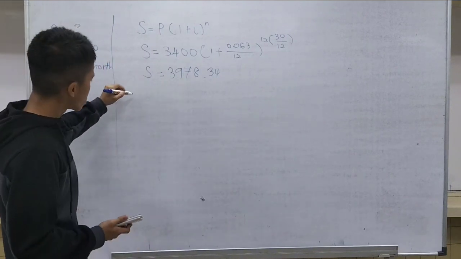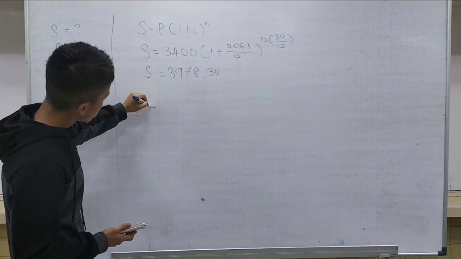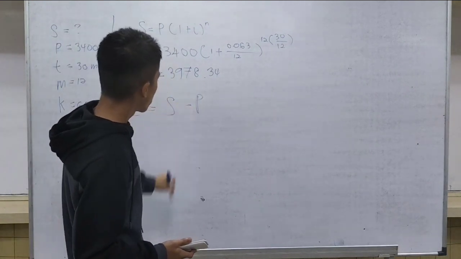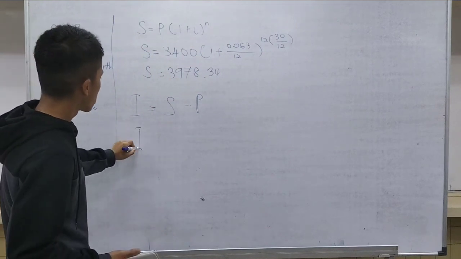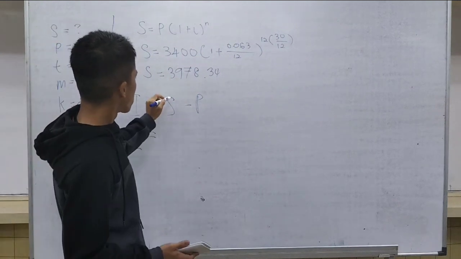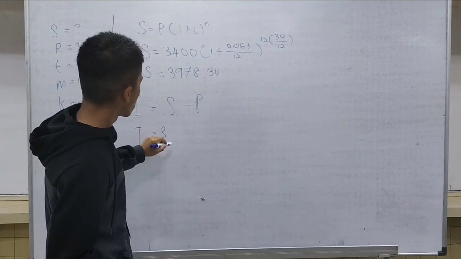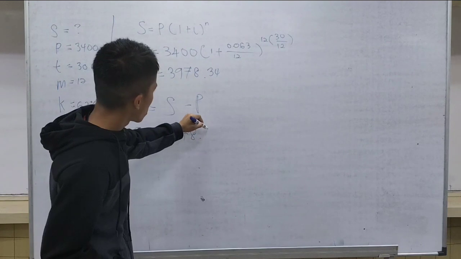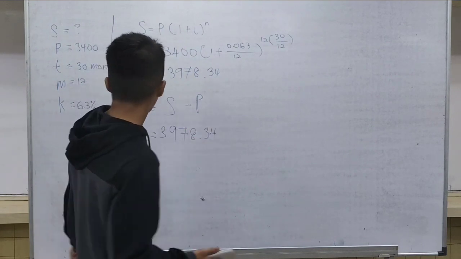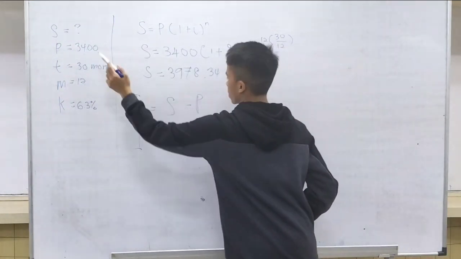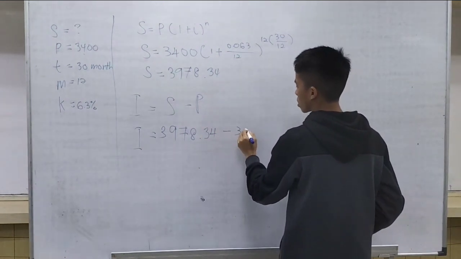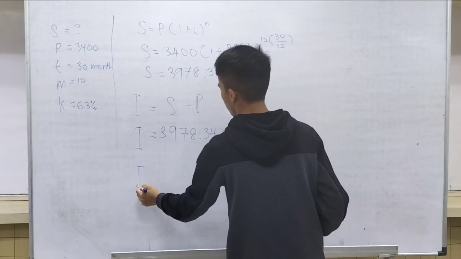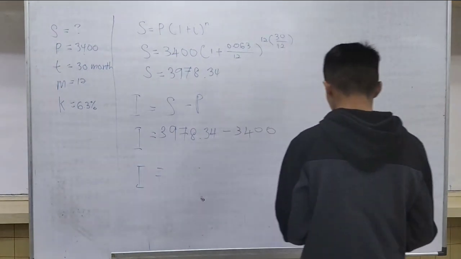Now we continue with this formula. I equal S minus P. Okay, we write down this, and minus with P. So we will get the new answer.